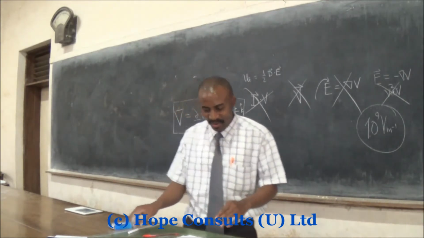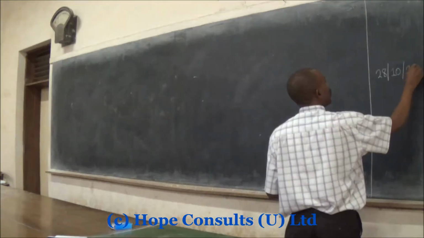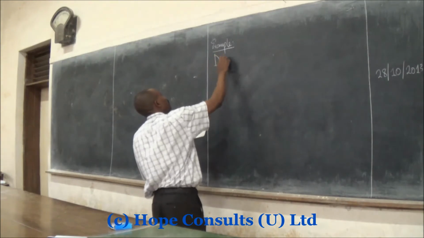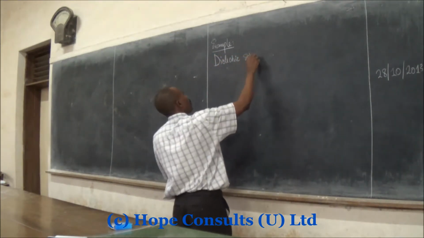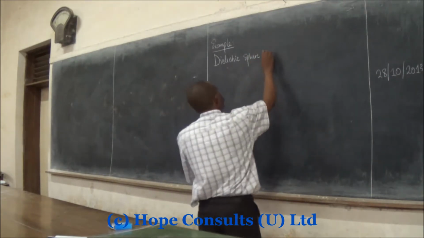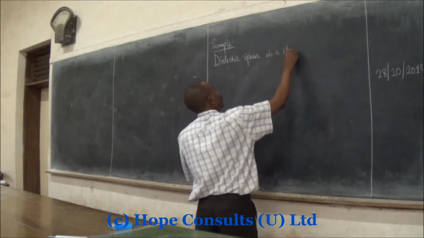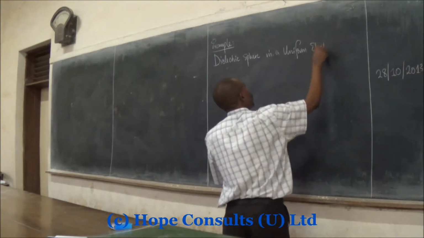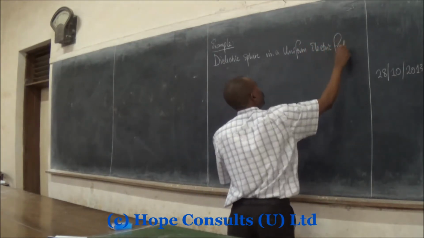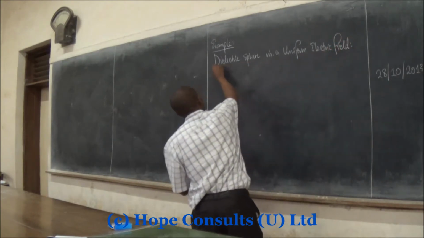Okay, so let's now go to our example 2. We look at a dielectric sphere in a uniform electric field.